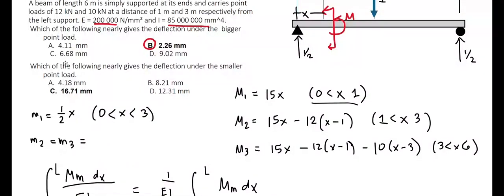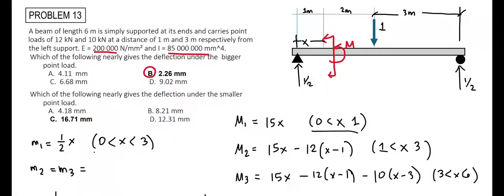And for our second and third moment equation, this is equal to 1/2 of x minus the moment induced by this 1 unit load, that is equal to 1 times x minus 3 meters, and it is only valid for values between 3 and 6 meters of x.